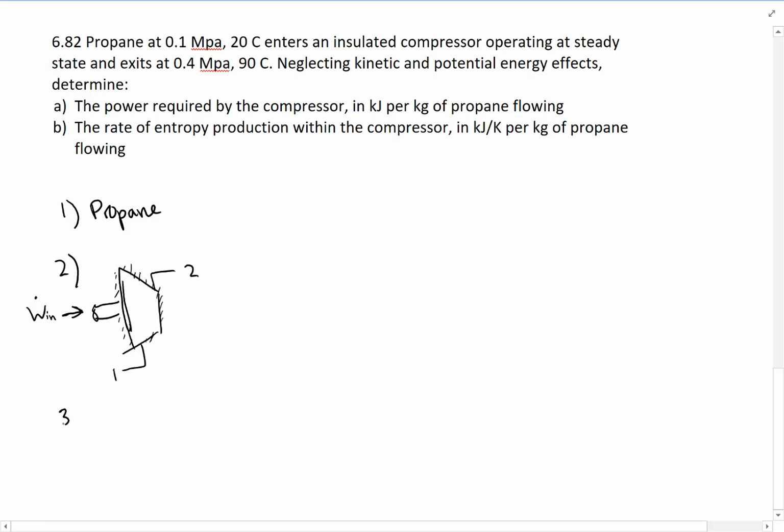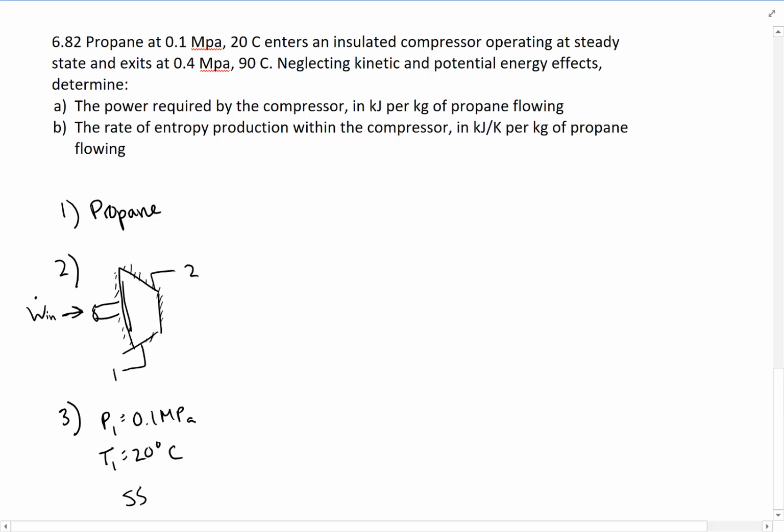And we can write down our properties and process information. So if propane at 0.1 megapascals and 20 degrees C enters an insulated compressor, that means that P1 is 0.1 megapascal and T1 is 20 degrees C. And it says that the insulated compressor is operating at steady state, so let's write down that this is a steady state compressor.